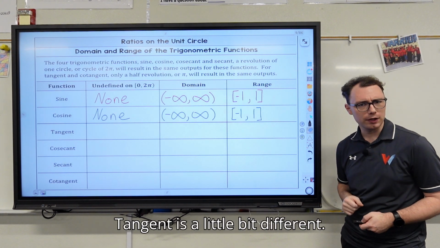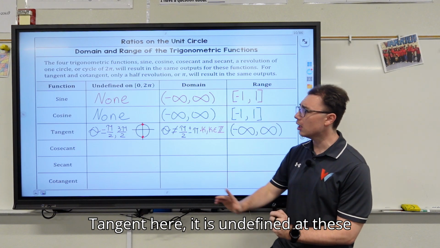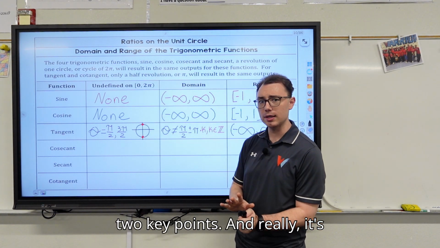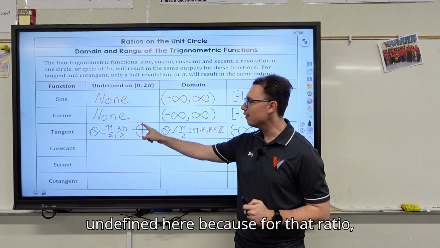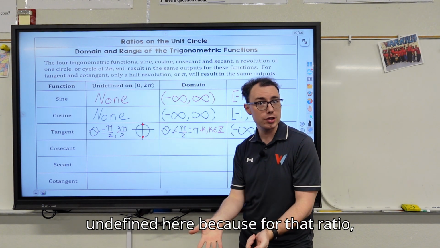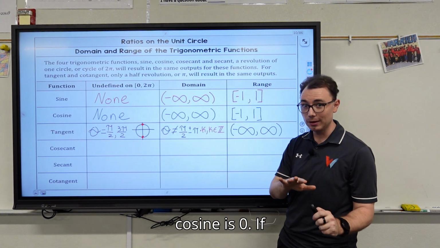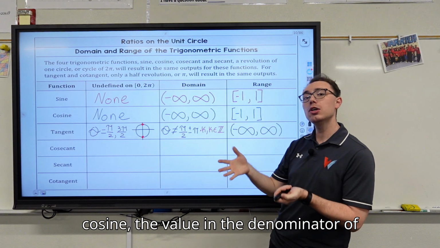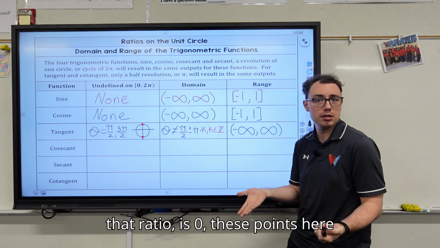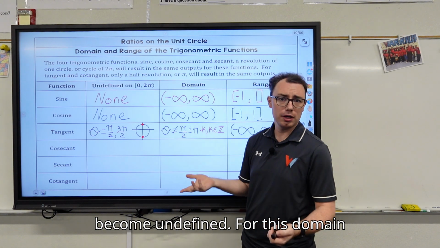Tangent is a little bit different. Tangent is undefined at these two key points. And really, it's undefined here because for that ratio, cosine is 0. If cosine, the value in the denominator of that ratio, is 0, these points become undefined.